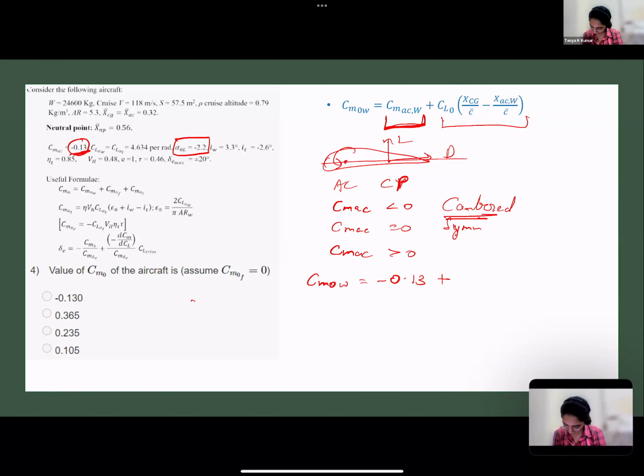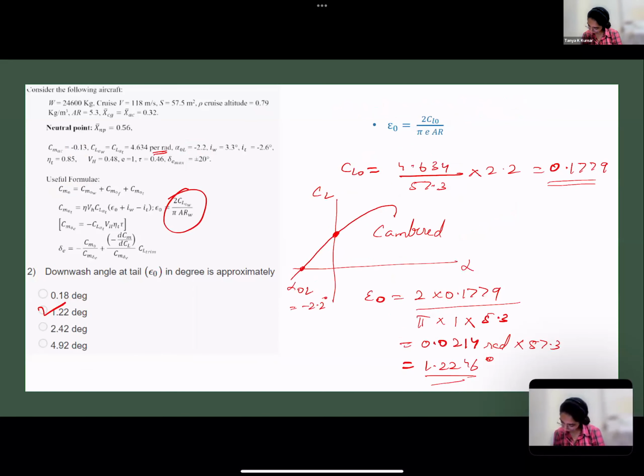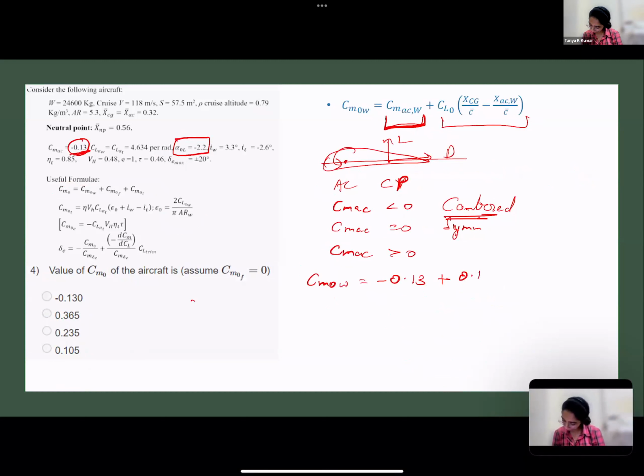How much is CL0? We just calculated it, 0.779. And your XCG minus XAC. Now in this question, your XCG and XAC are the same, so it's given as the same quantity. So this will be 0. So CM0 of wing is just minus 0.13.